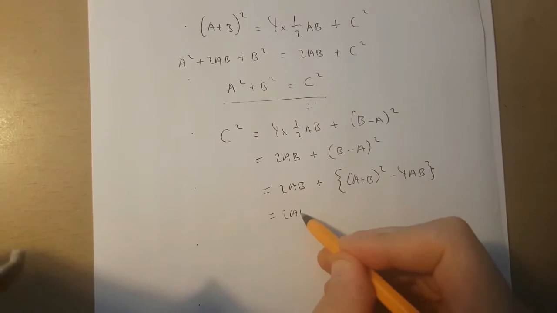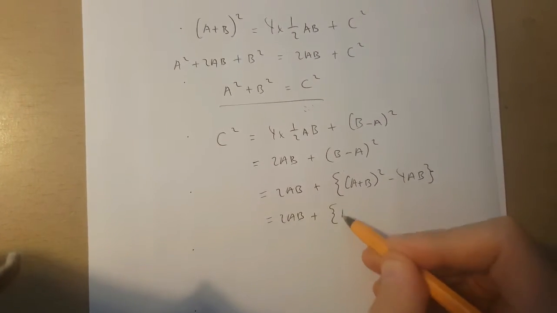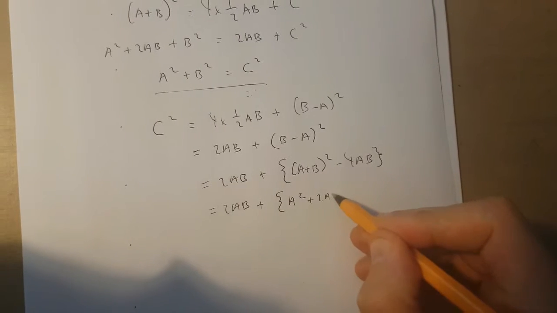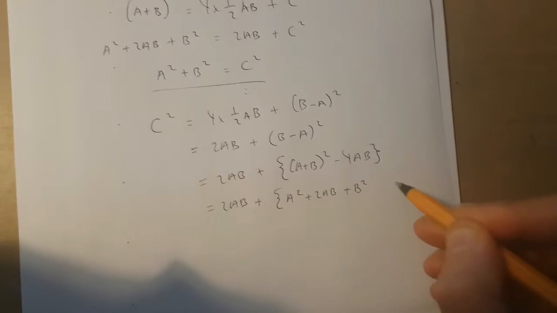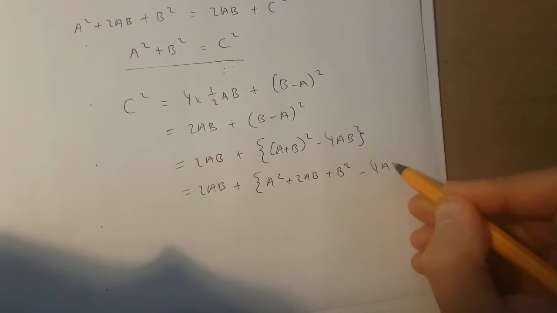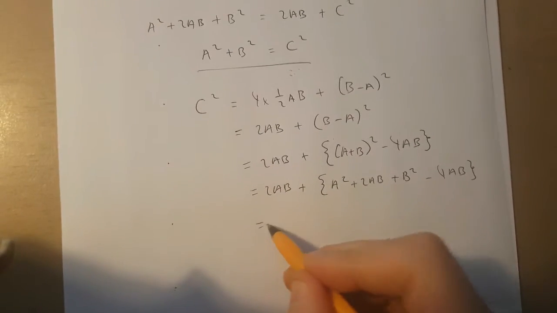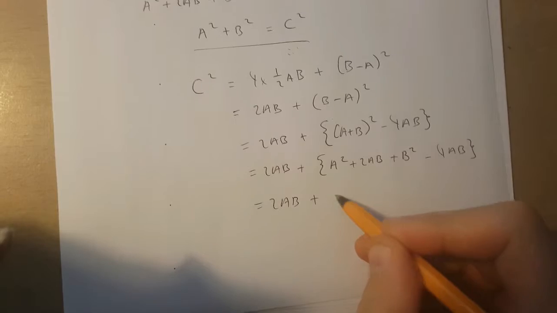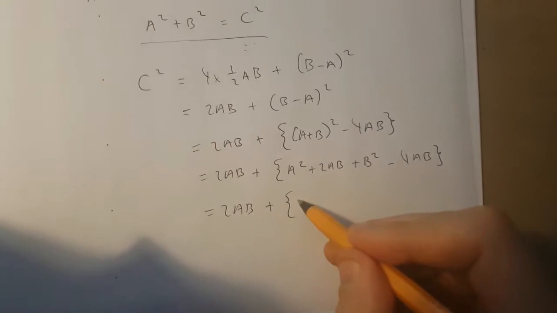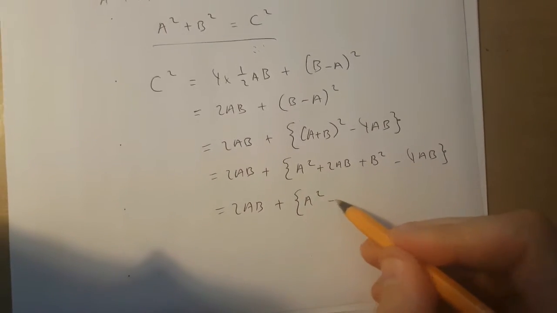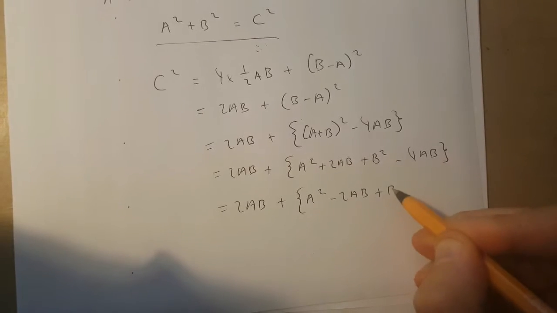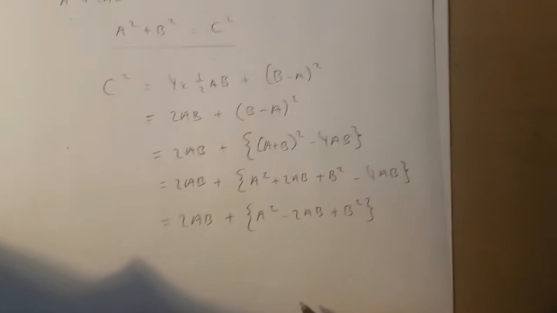Which is 2ab plus, in brackets, a squared plus 2ab plus b squared minus 4ab. Now this is 2ab plus, in brackets, a squared minus 2ab plus b squared, okay?